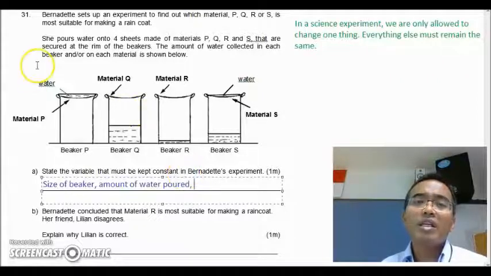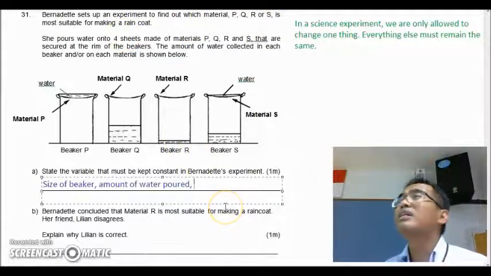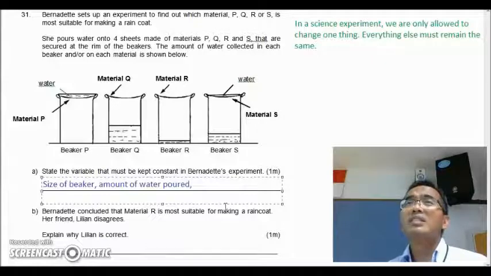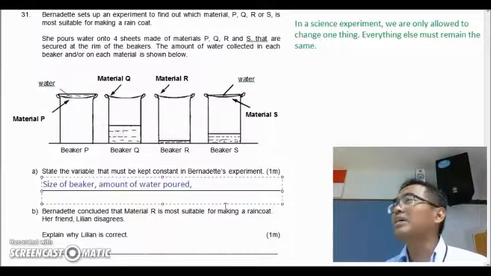Look, you want to find out which of materials P, Q and R is most suitable for making a raincoat. So, amount of material. What kind of size? Enough to cover the whole, right?